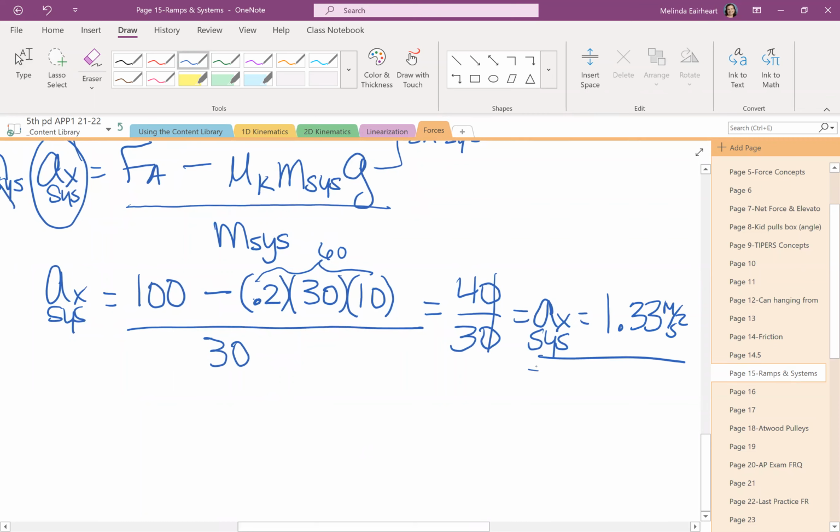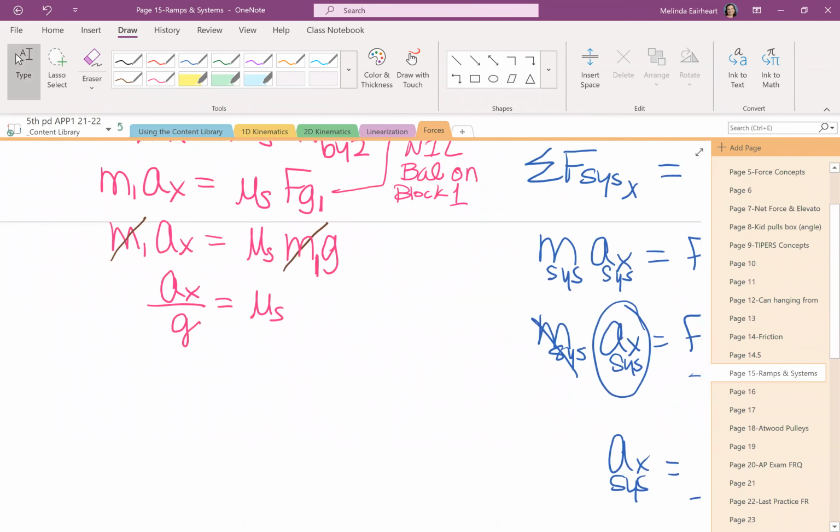Now that's not our final answer, but we just have one more step. Now that we know the acceleration of the system, the blocks individually have that same acceleration. And so now I'm going to go back to block 1's F-net statement. And we said the coefficient of friction with the top 2 blocks was dependent on that acceleration, meters per second squared, divided by gravity. And so notice once again, meters per second squared is going to cancel out.